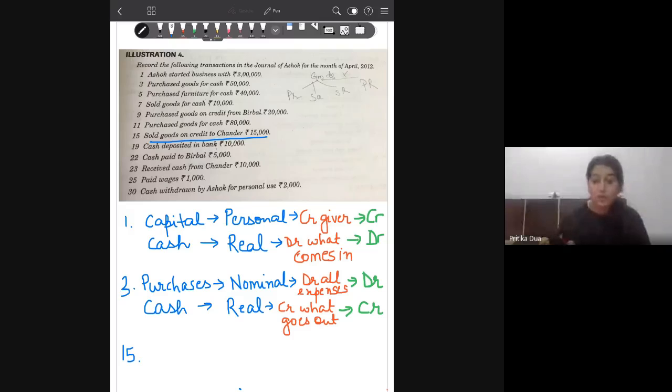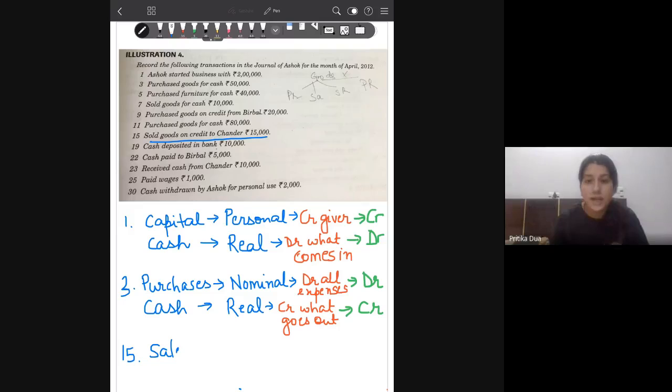Okay, so now goods have been sold. So one account is your sales account. Now, second thing to observe here is that goods have not been sold on cash basis. So cash is not coming in the business. It is being sold on credit basis. So we are adding one debtor, Chandar, to our books of accounts.